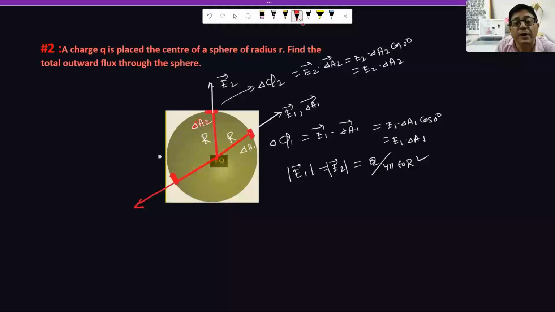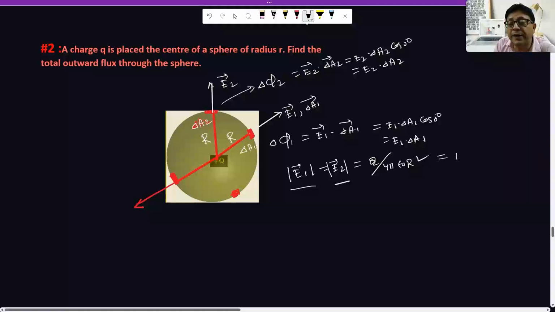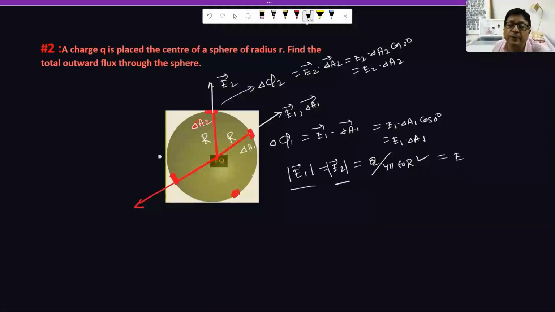So many are there, we cannot draw all. But you have to keep in mind that the value of E1, E2, whatever you take on the surface, is equal to the electric field Q by 4 pi epsilon 0 R square. At every point on the surface of the sphere, the electric field is given by Q by 4 pi epsilon 0 R square.